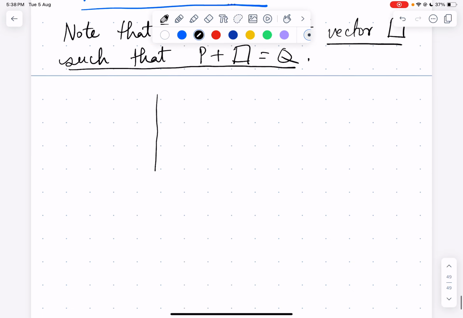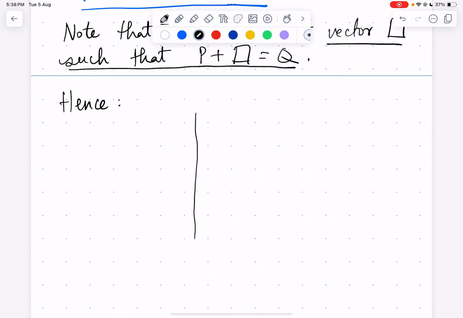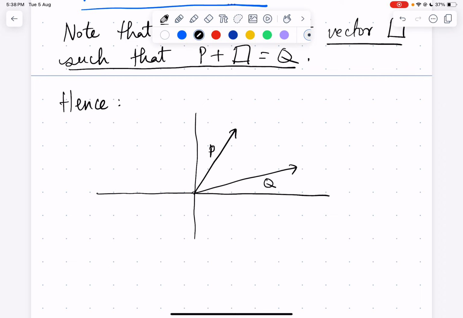Hence in the diagram, if this vector is P and this vector is Q, then Q minus P is exactly that vector which when added to P gives Q. So this is the difference vector.